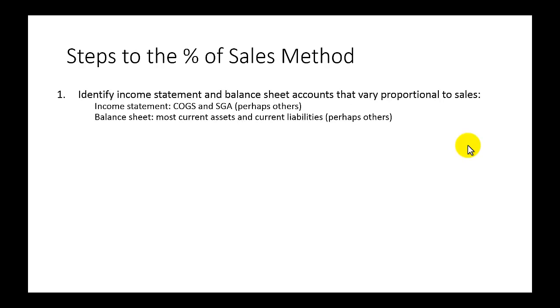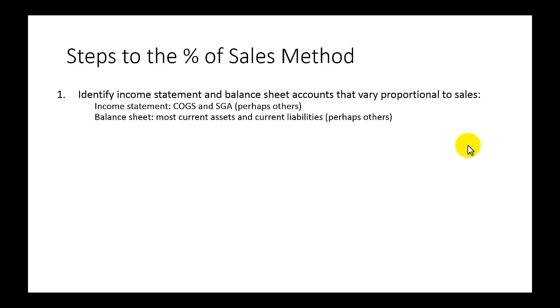We would probably also safely say that selling, general, and administrative expenses vary with sales, and there could be others. On the balance sheet, generally speaking, we say that most current assets and most current liabilities vary with sales. Depending on the type of company, we could make an argument that fixed assets or property, plant, and equipment vary with sales. And there may be some other accounts that vary with sales as well.